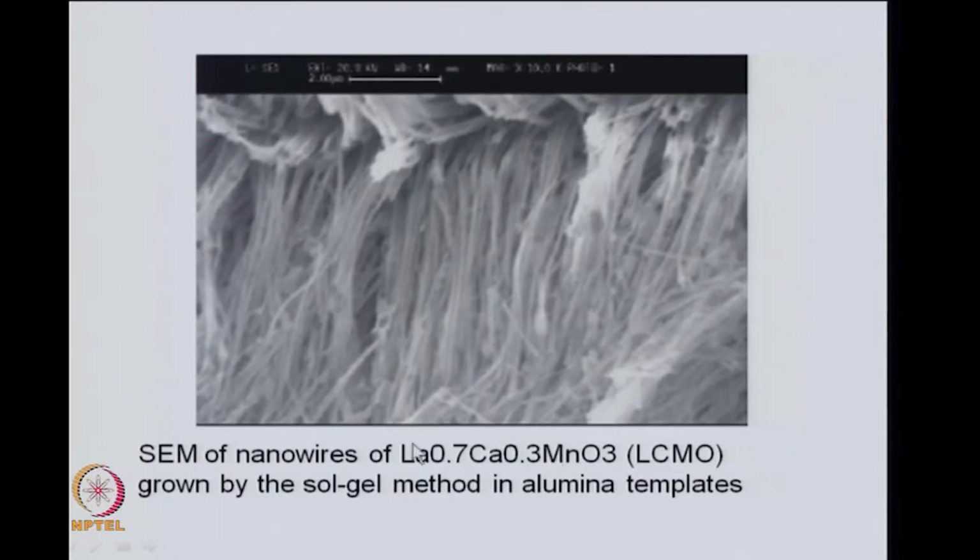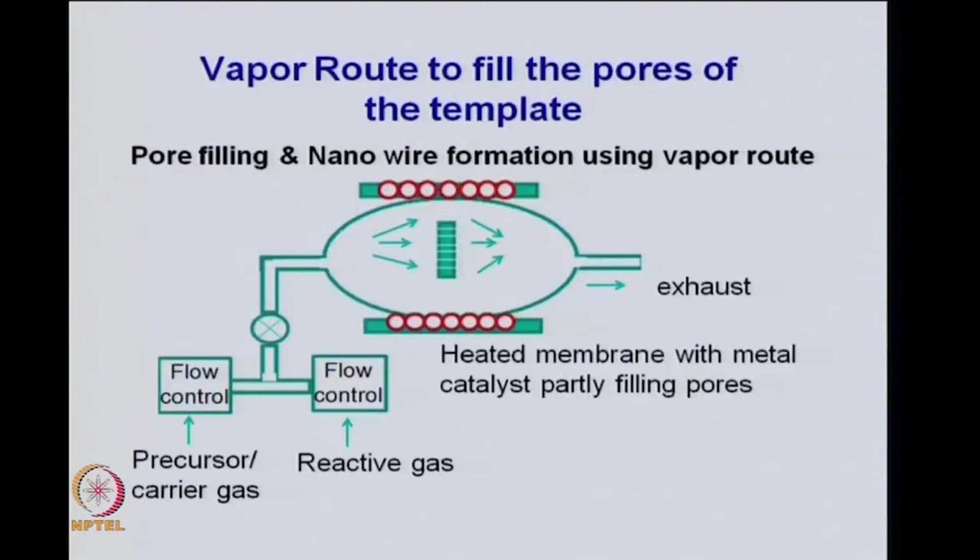So, you have to make first a sol of this and then dip your alumina template inside the sol solution, and then dry it and then heat it, and you get the oxide, and then you remove the alumina template. Now, this was a sol gel method, that is, we are going through a solution or liquid method of filling the pores of the templates.